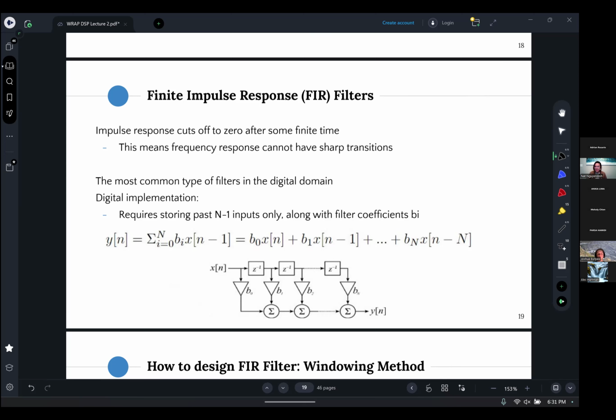If we have x of n, here we're using n instead of t because we're in the digital domain. We're storing in our software the previous n minus one inputs.